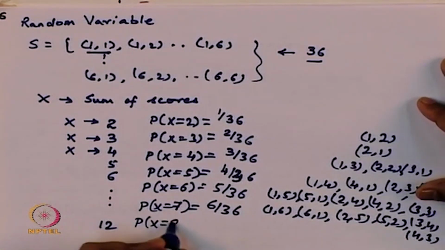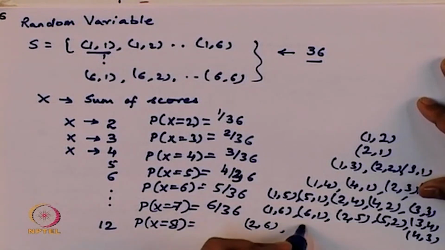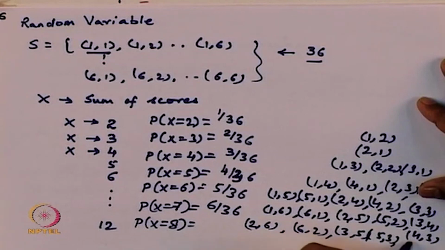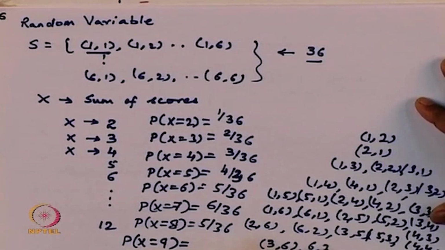The probability of x equal to 8: I have 2 6, 6 2, 3 5, 5 3, 4 4, which is 5 by 36. The probability of x equal to 9: how will I get 9? I will get 3 6 and 6 3, which is 2 by 36.